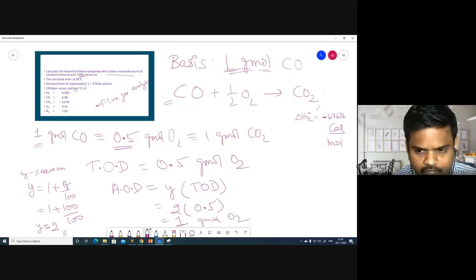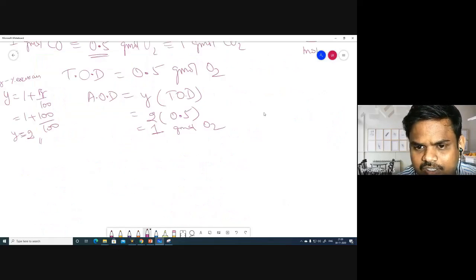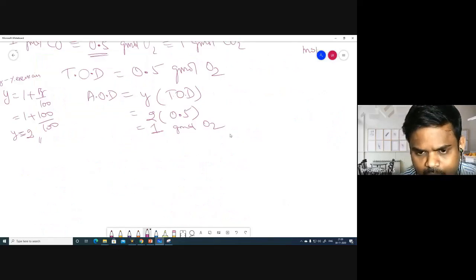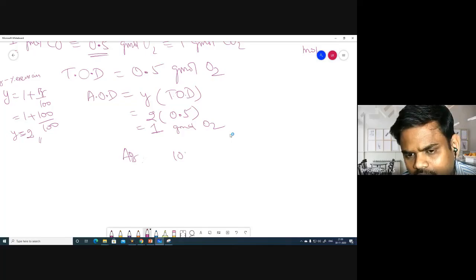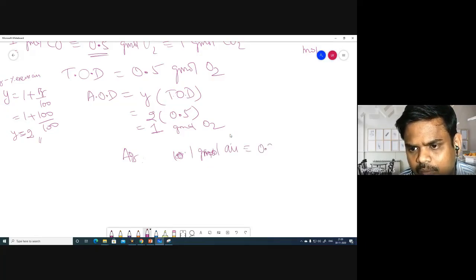Okay. So now, oxygen is 1 mole, so how much is nitrogen, or we can say what is the air? 1 gram mole of air will contain 0.21 gram mole of oxygen.